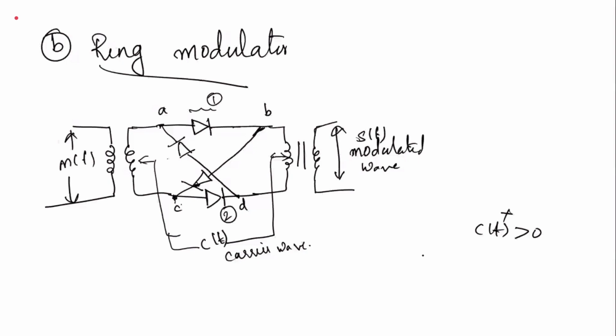When the carrier is positive, diodes 1 and 2 are on. During that time, the message signal is getting multiplied. Whatever is the message signal, as such it is reaching here. And when the carrier is negative, diodes 1 and 2 are off and 3 and 4 are on. This is 3, this is 4.